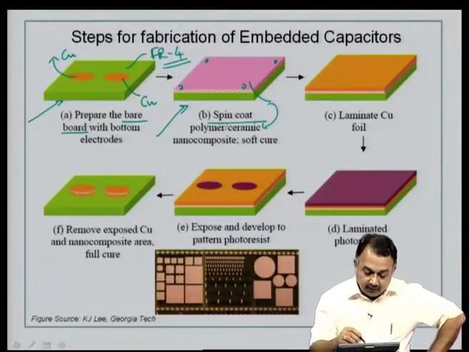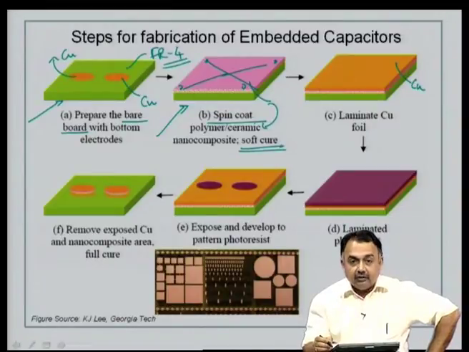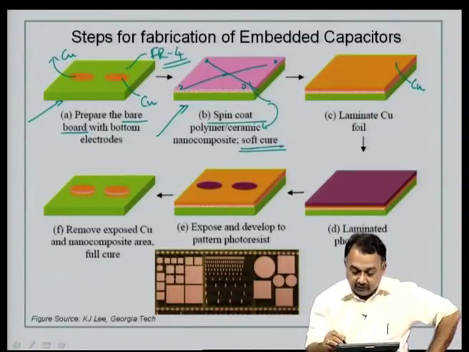Now, typically with spin coating, by setting the properties of the spin coating equipment, you can get very even thicknesses across the board. Then you can laminate a copper foil after this is soft cured. Now, you cannot do a full cure because you need to laminate a copper foil. Okay. So, you can work with temperatures and pressures that are suitable for this kind of system, and then use a copper foil.